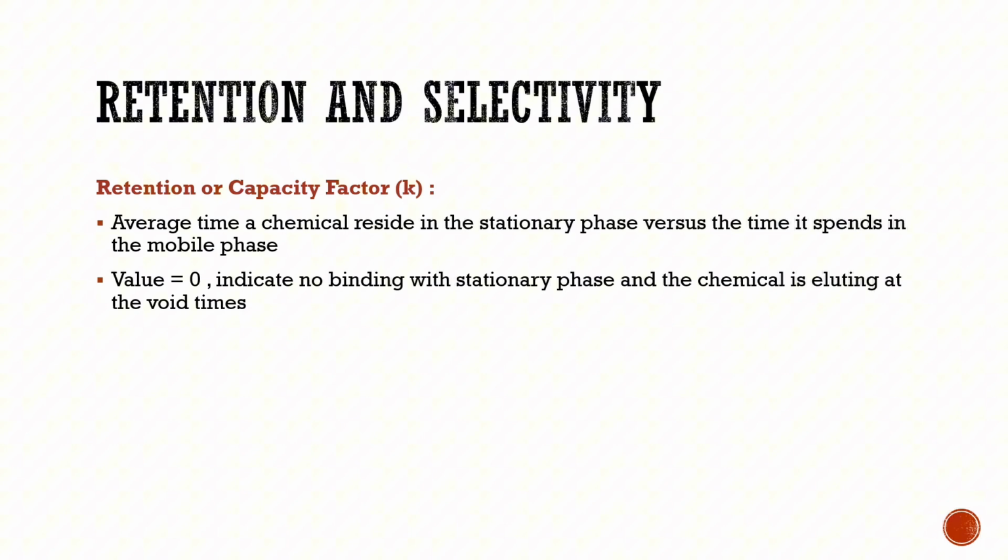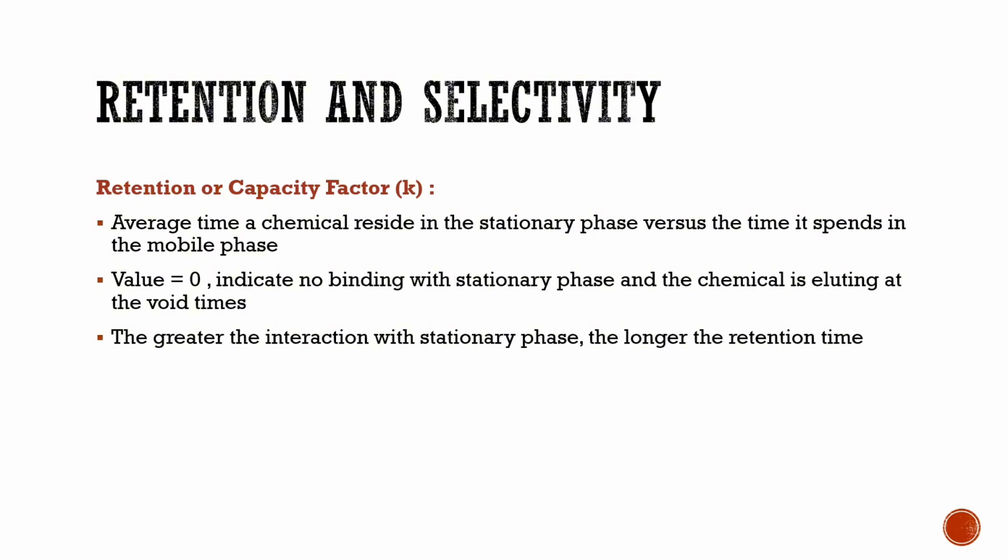If you have a capacity factor of 0, it means there is no binding with the stationary phase and the chemical is eluted at exactly the void time. The greater the interaction with the stationary phase, the longer the retention time, so you will have a value higher than 0.